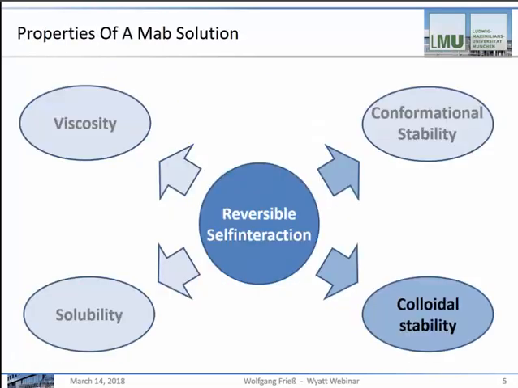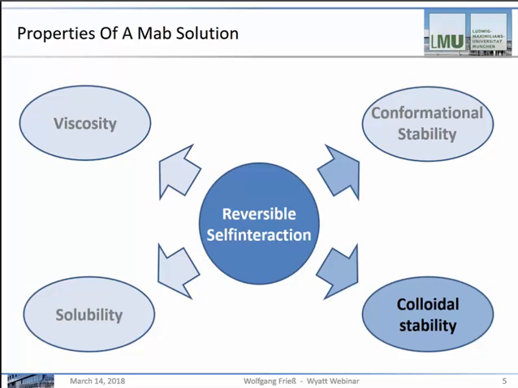One factor contributing to all that is the reversible self-interaction, because it is directly related to the colloidal stability, meaning that this association and interaction can lead to formation of larger aggregates, more or less native-like. On the other hand, it's also linked to the conformational stability, because upon unfolding, hydrophobic parts of the protein become exposed.